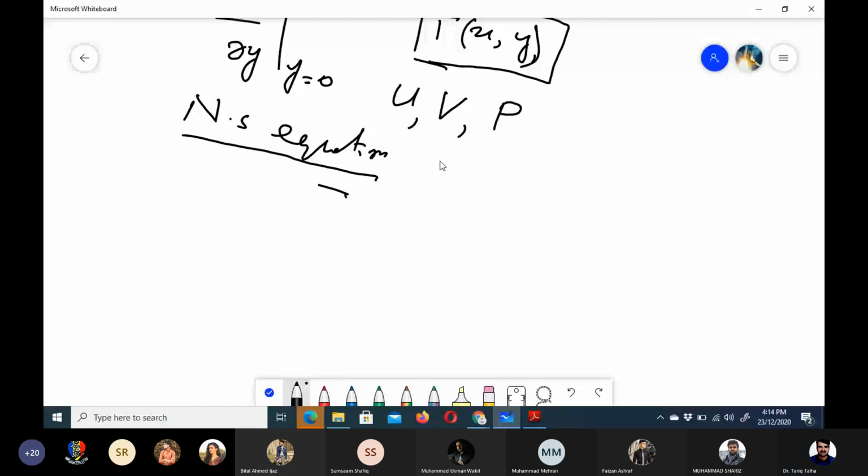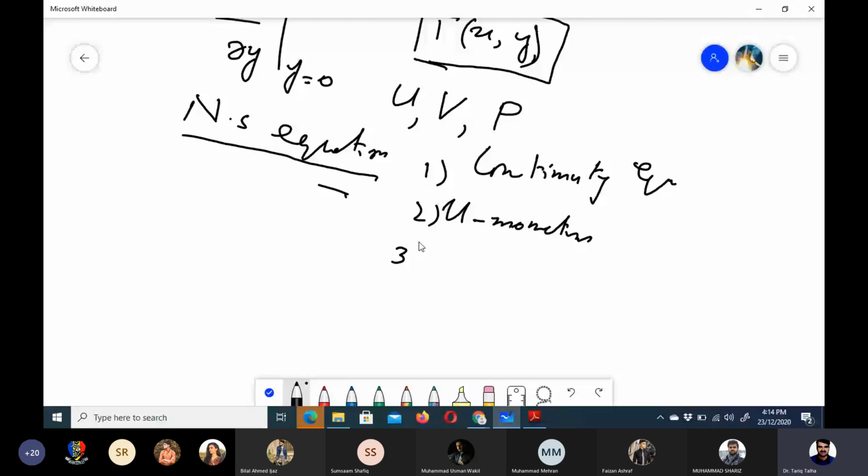One is the continuity equation, second is the u momentum equation, the third one is the v momentum equation. And if we also include the heat transfer or convection process, then there is another equation, the energy equation.